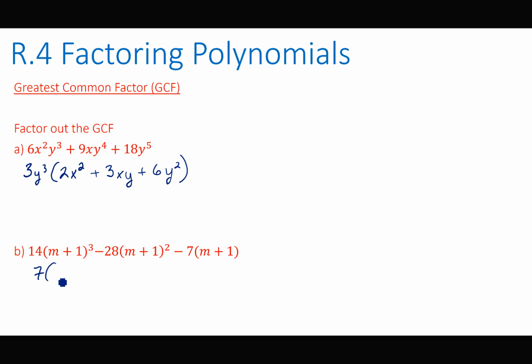Yeah, I can bring this entire m plus 1 out because the first term's got, why is it not showing up? It's because it's going to drop here in a second.